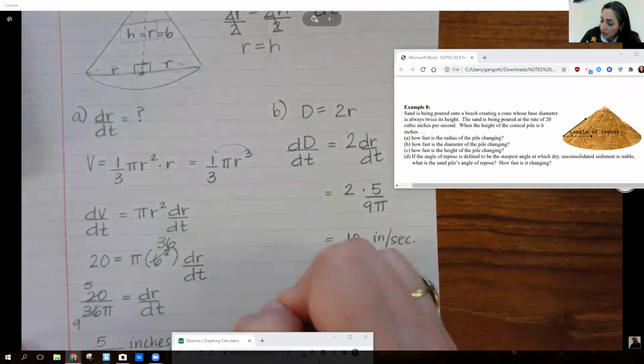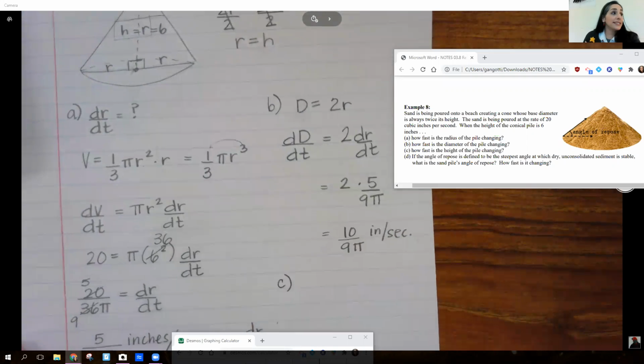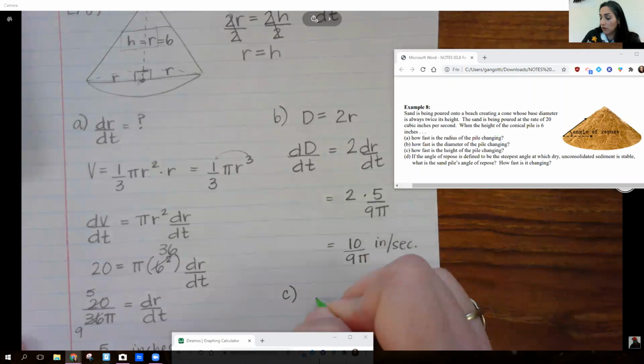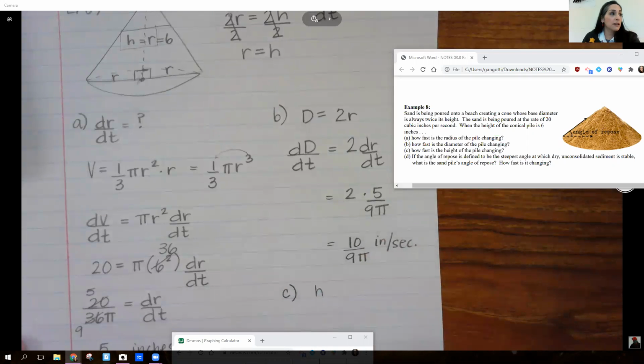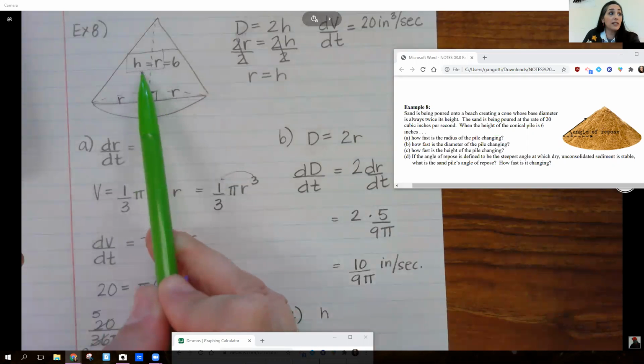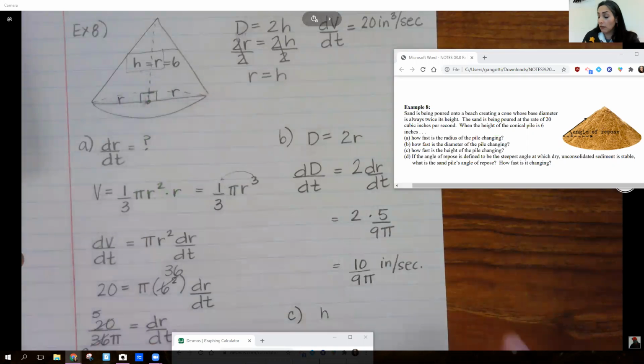All right, part C. Part C is asking how fast the height of the pile is changing. Well, we gathered from the very beginning of this problem that the height is equal to the radius.